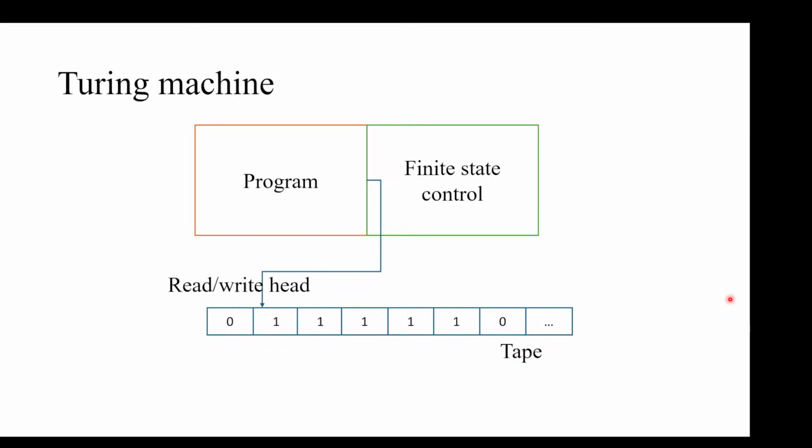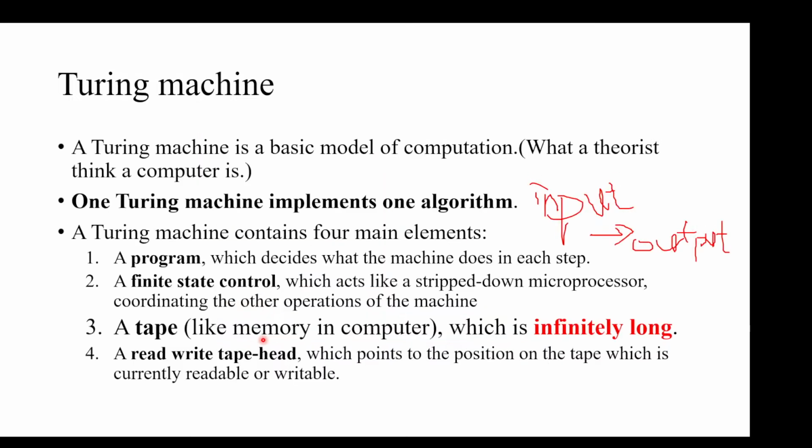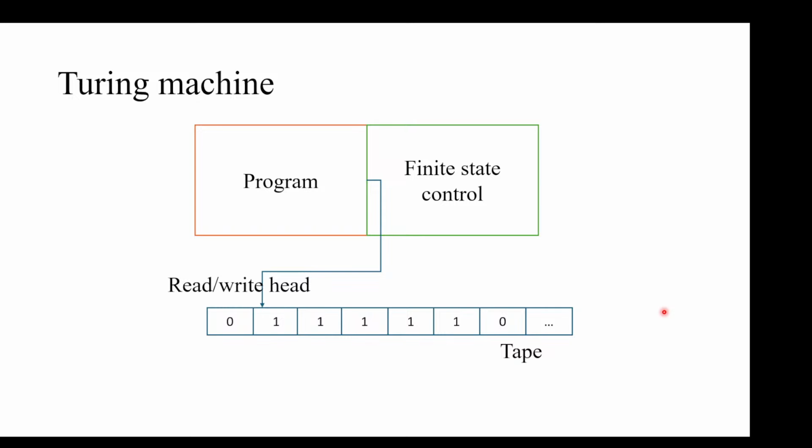So you can put an infinite amount of information inside this tape, and you can have one program that deals with inputs of all sizes. I think that's the most important part of a Turing machine. That is, the tape is infinitely long, and so with just this one program, you can deal with inputs of all sizes, and you can also have outputs of all sizes.